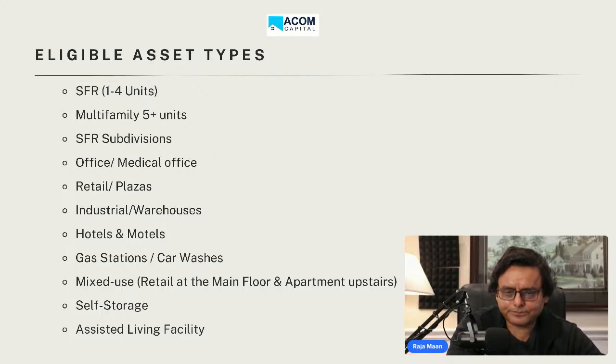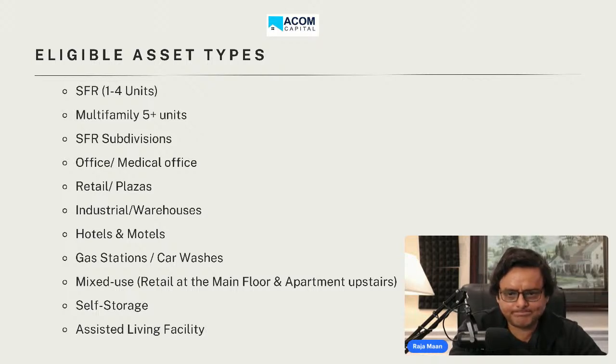Industrial warehouse, that's again one of the top asset types where we can lend. Hotels and motels, usually we go under SBA and USDA, because the LTV is really good, or loan to cost is really good, up to 80 or 85% loan to cost, especially under USDA. But if you don't qualify under USDA or SBA, then we have to do private money lending.